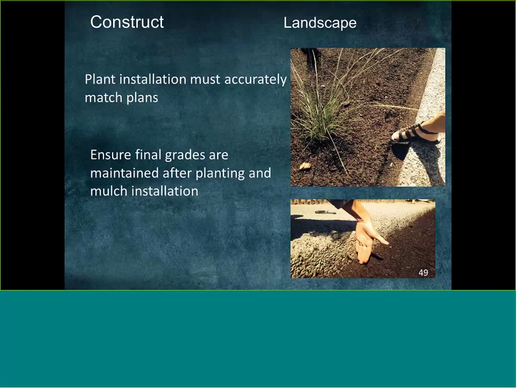You don't want them to finish grade and then not have enough elevation to fill in with the specified mulch. You want them to think this through ahead of time, excavate out to the correct levels so they can fit all of the different materials that are in the section, and avoid tripping hazards and issues at the end of the project.